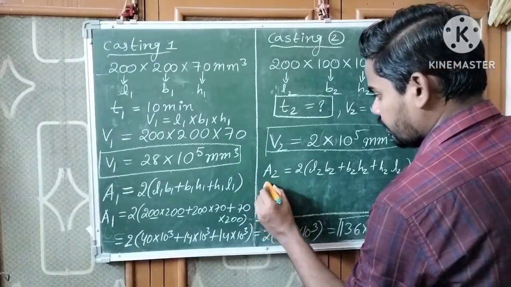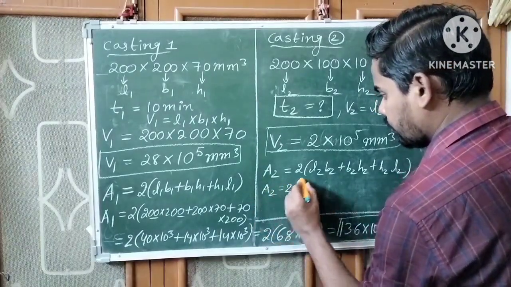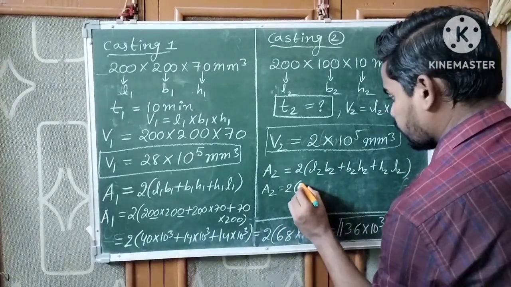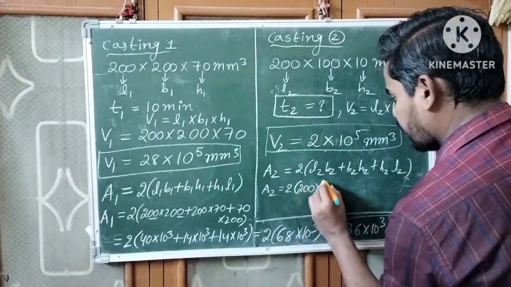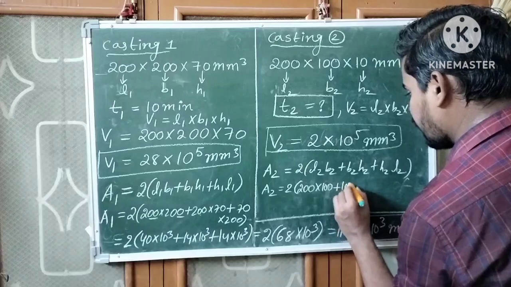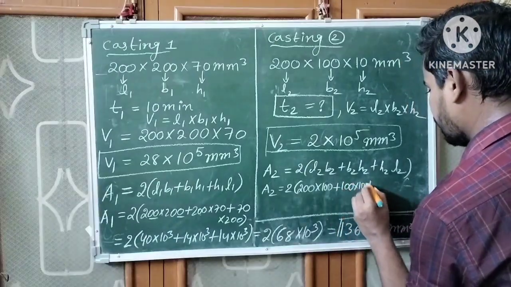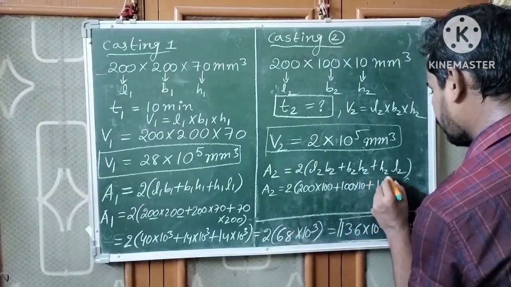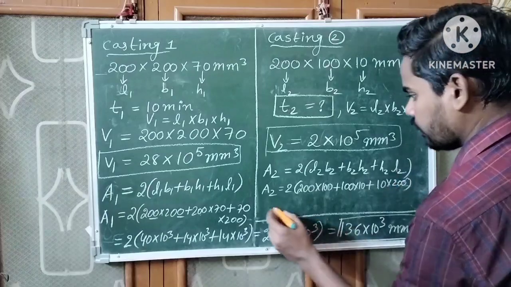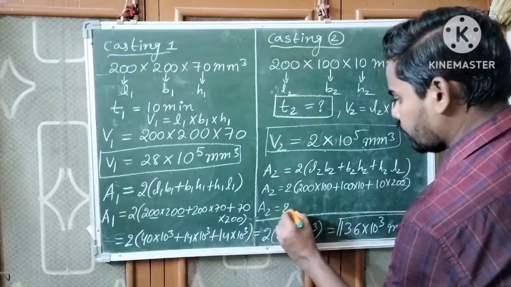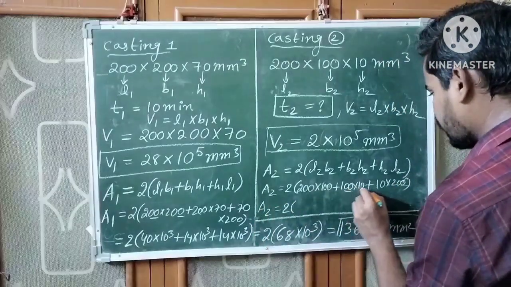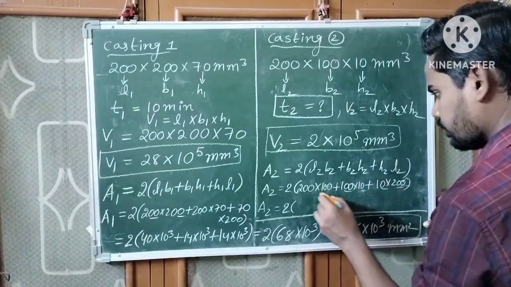Similarly, A2 is equal to 2 into (L2 B2, 200 into 100, plus B2 H2, 100 into 10, plus H2 L2, 10 into 200). Here we have 3 zeros, 3 zeros, and 4 zeros.